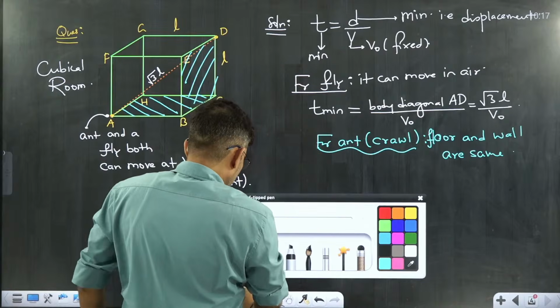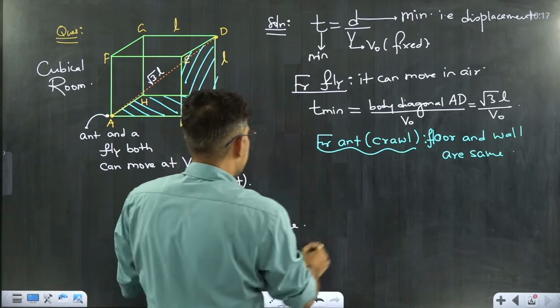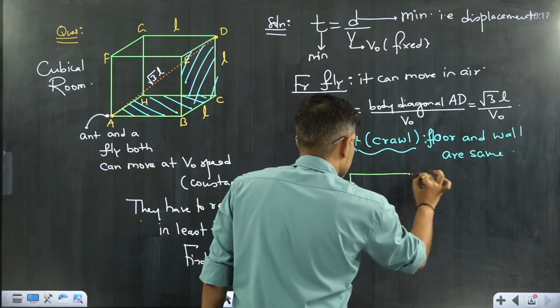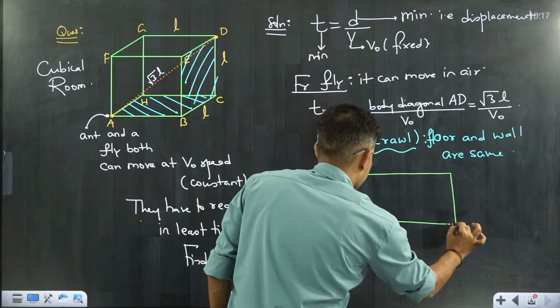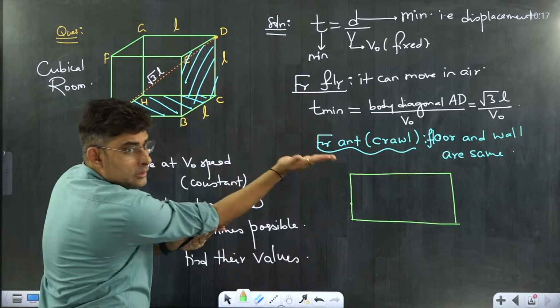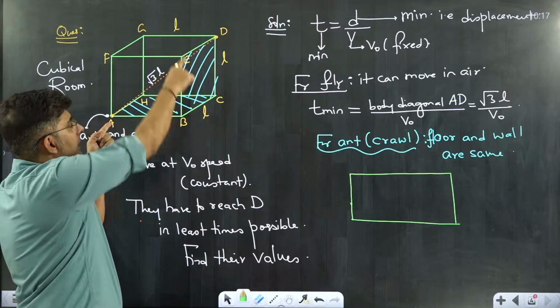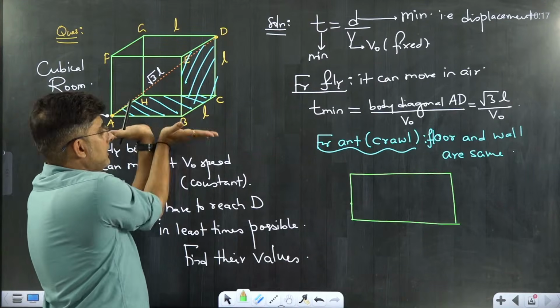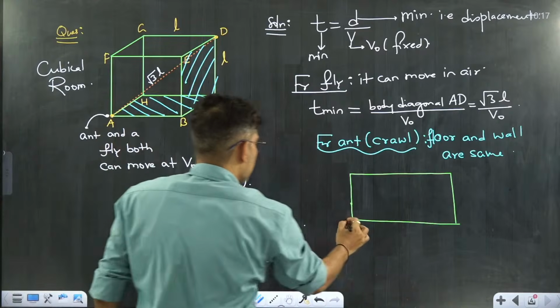So how will it now look? I have just made the wall from vertical to horizontal, because for the ant floor and wall are the same, it can crawl easily and with the same effort on both. So I have just opened it, and I get this. You see the points I am marking.